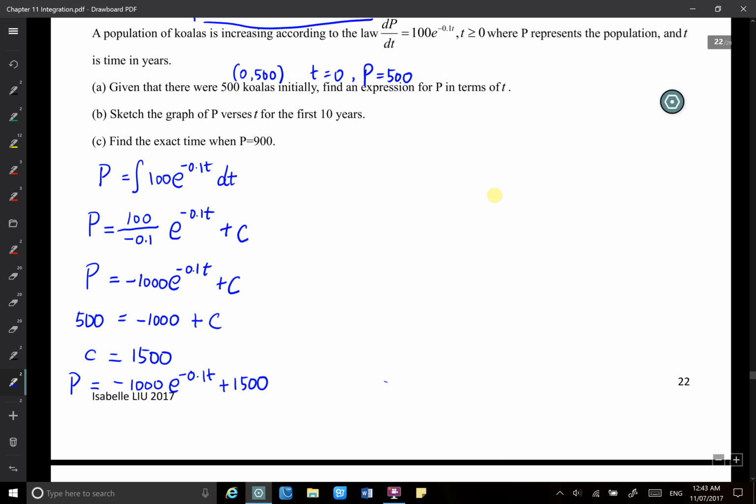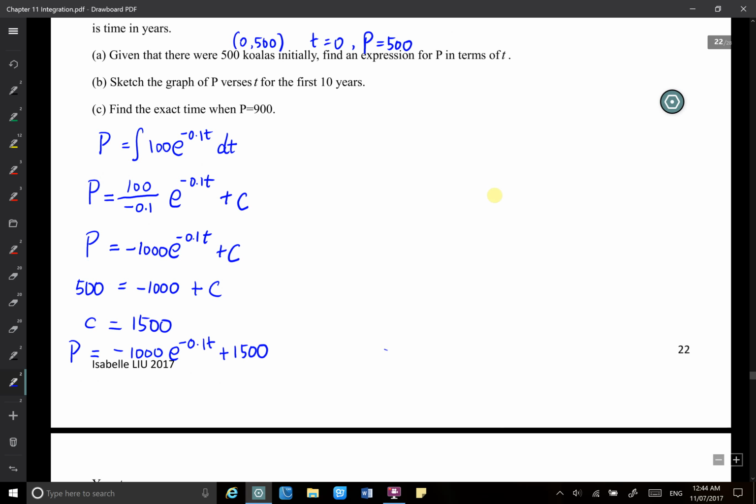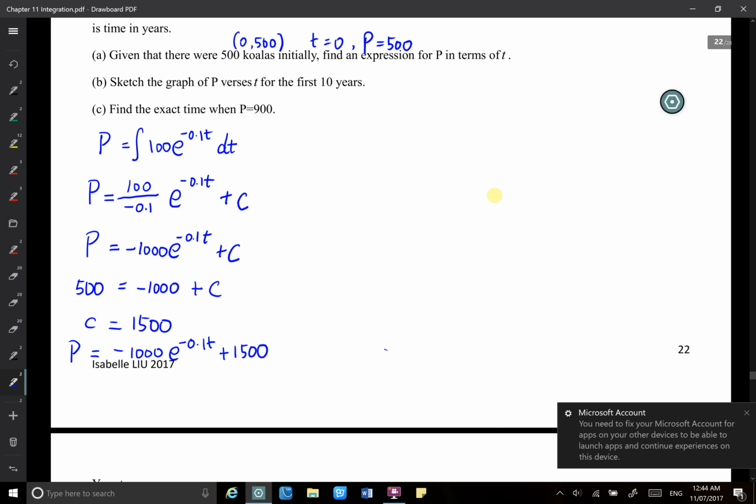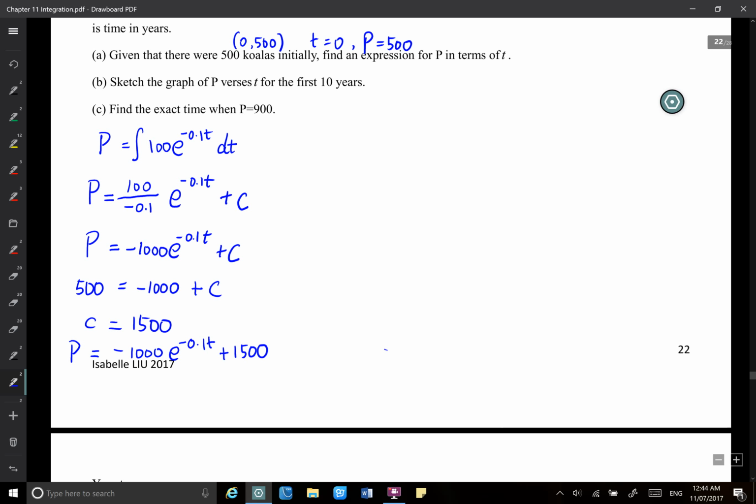P should be the integral of 100 e to the power of negative 0.1t dt. Then P is 100 divided by negative 0.1 times e to the power of negative 0.1t plus c. That is my equation, but I don't know the c value. So I need to find the c value, substituting (0, 500).